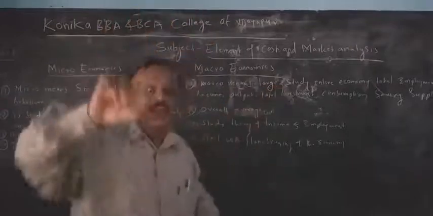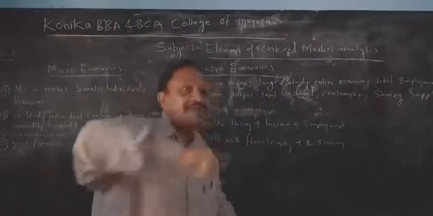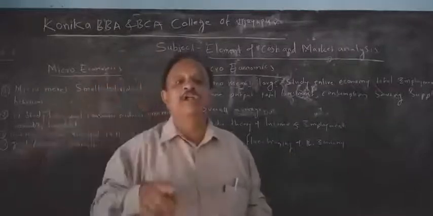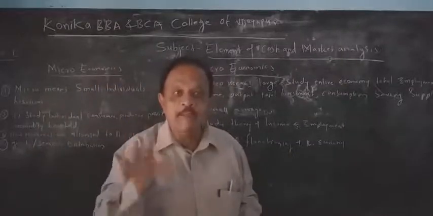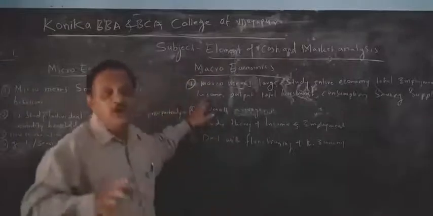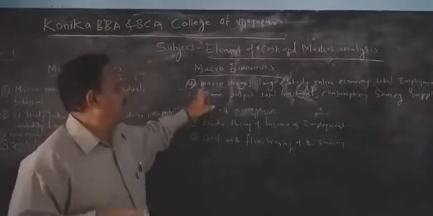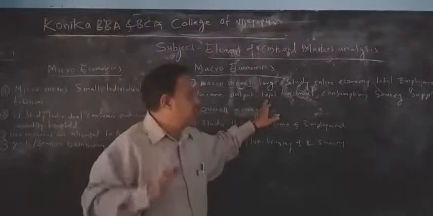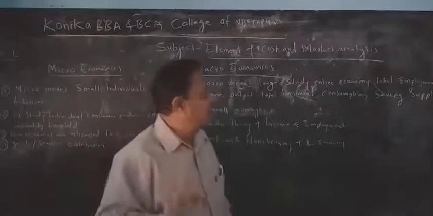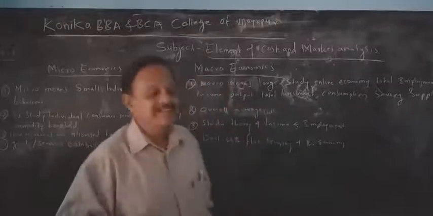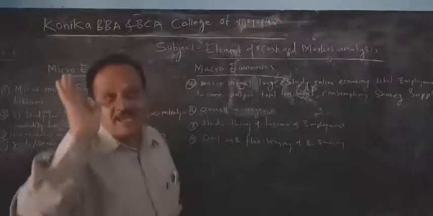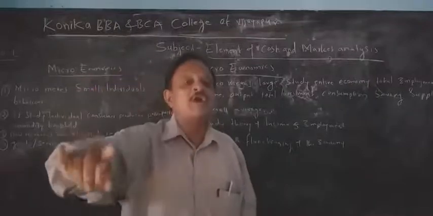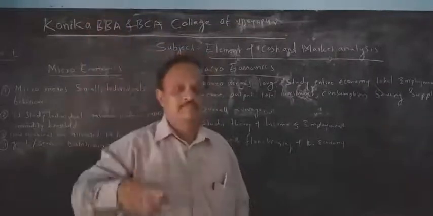They study the economy entirely, not a single one: total employment, total income, total output, total investment, total consumption, total saving and total supply. They are not studying individually, but almost our whole economy.